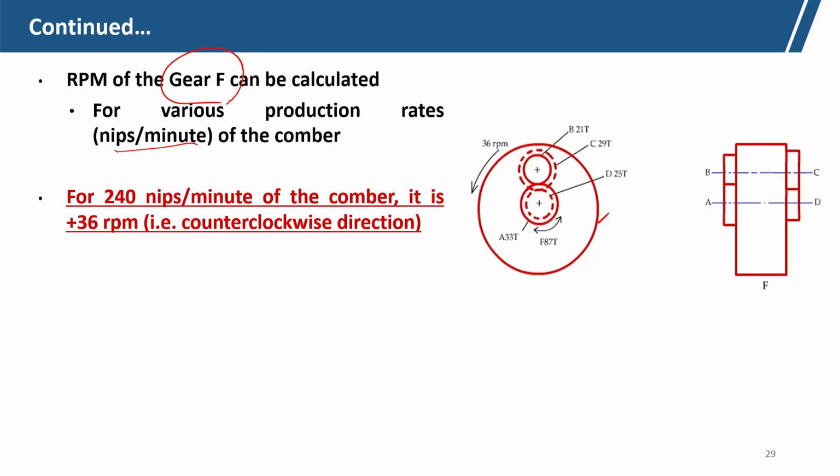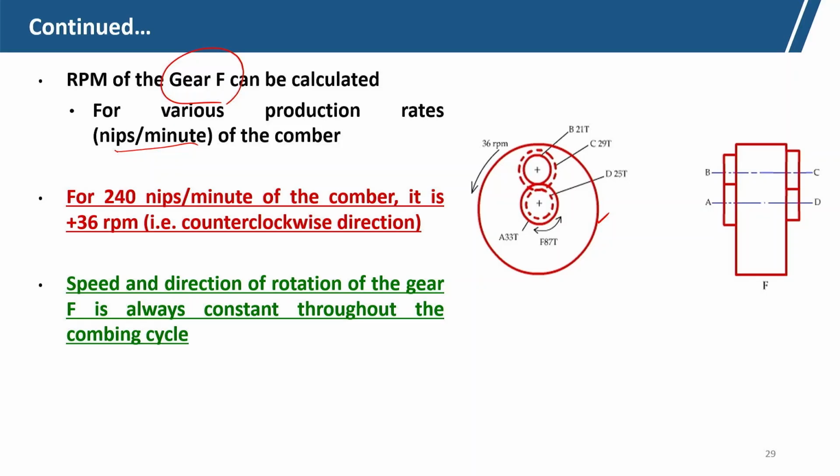Let us take one example for a machine running at 240 nips per minute, 240 RPM speed, and its speed becomes plus 36 RPM in the anti-clockwise direction. This example is for the machine running at 240 nips per minute. In 1 minute, 240 such complete cycles will take place.